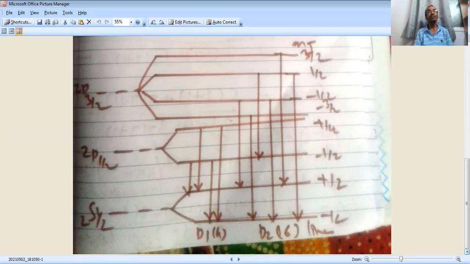How? Because the two line transition is from 2p3 by 2 to s 1 half. How is it? From minus 1 half to plus 1 half, first position. From minus 3 by 2 to minus 1 half, second position.